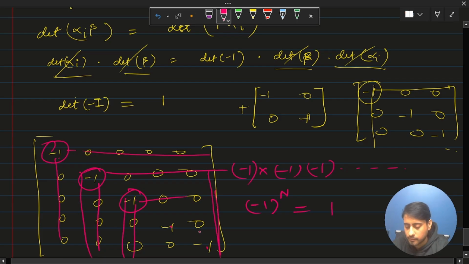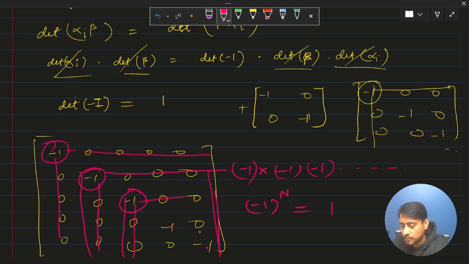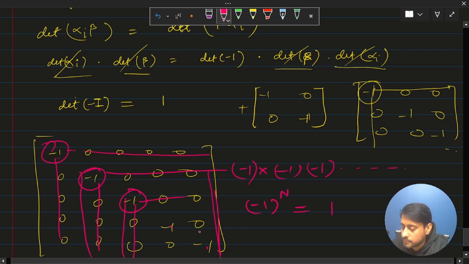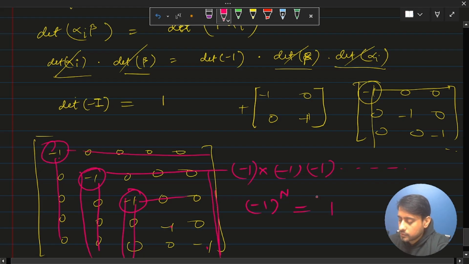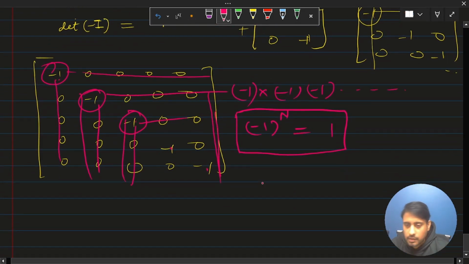You're thinking 1, 2, 3 and this 4, but this will also multiply, so it will give you 5. For now we don't know the dimension of this matrix, so let's take it to be n. So -1 to the power n should be 1. This is a very important expression which we got from the mathematical relations.